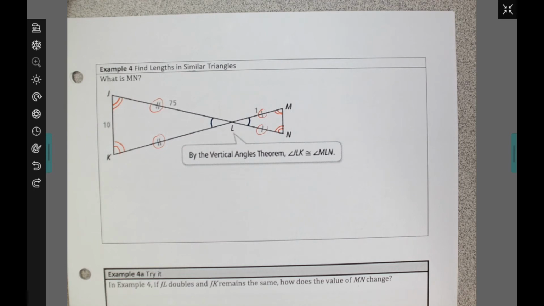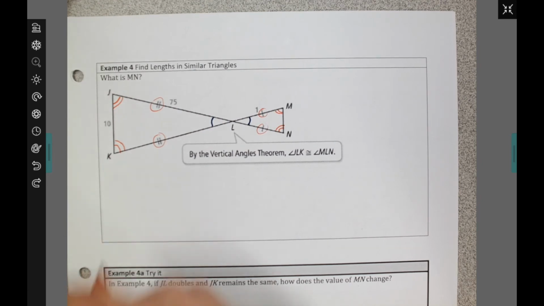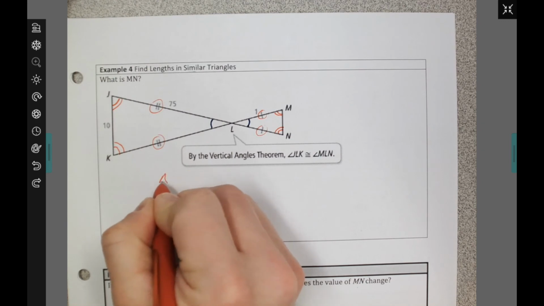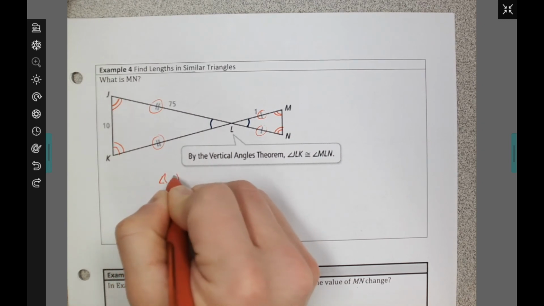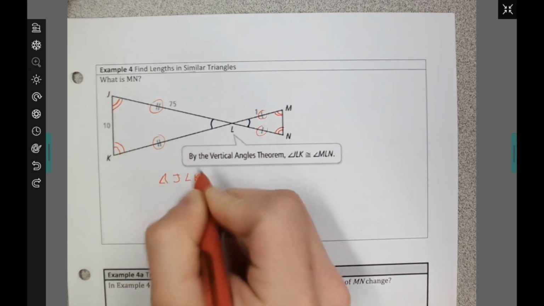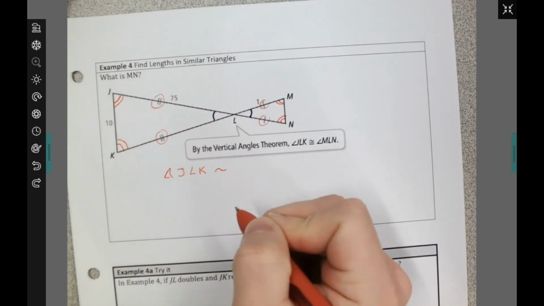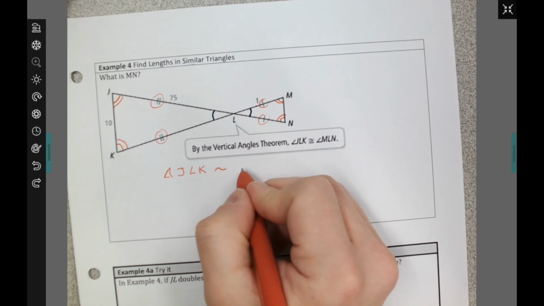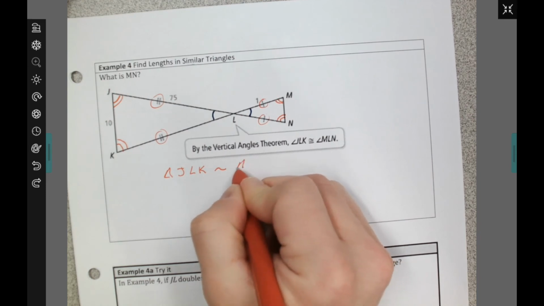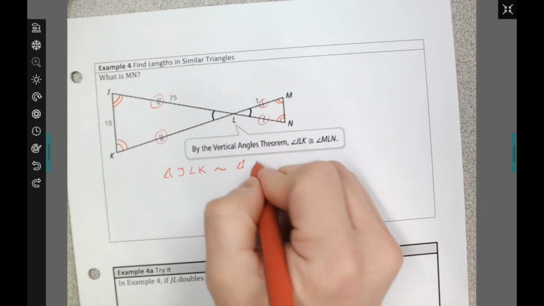So from here, we have to match up our picture. We're going to have these be congruent. So we're going to say JLK. Now this one's actually not the end of the world, but I'm going to go from J to L to K. So JLK is going to be similar to triangle MLN.